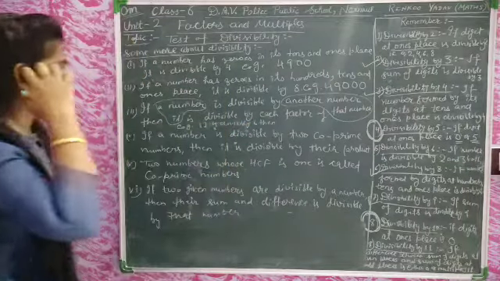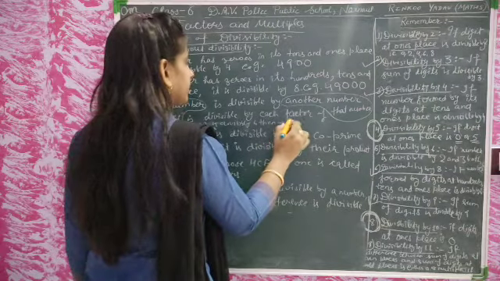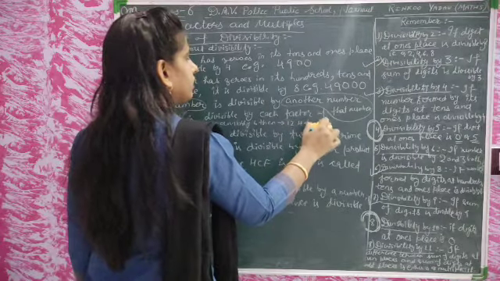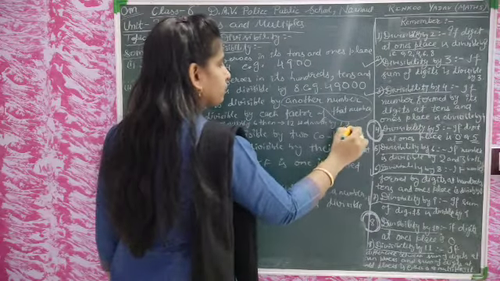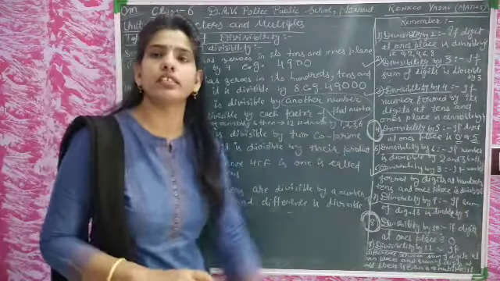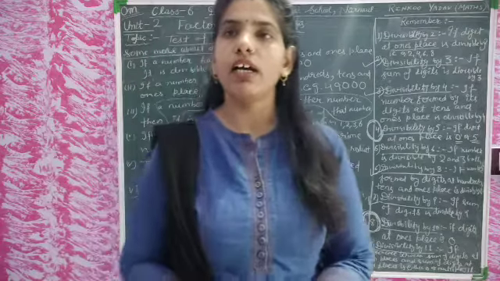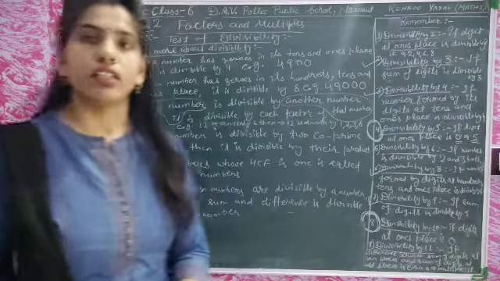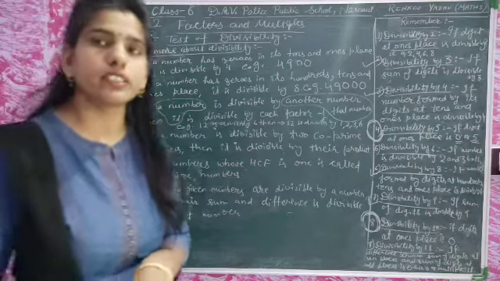Then it is divisible by each of its factors, which are 1, 2, 3 and 6. If a number is divisible by another number, then that number is divisible by its factors.